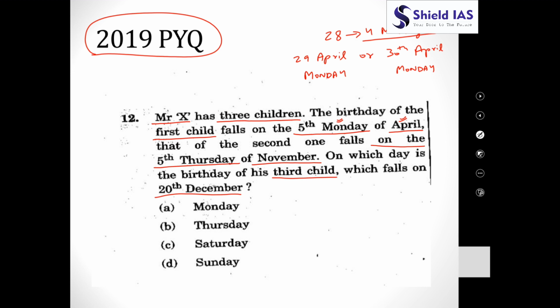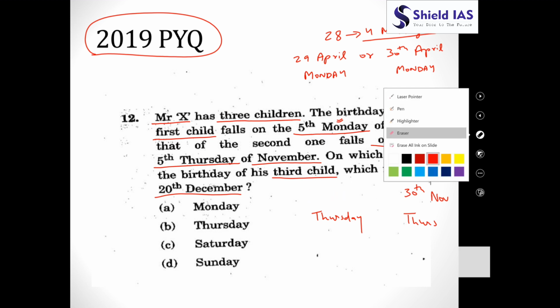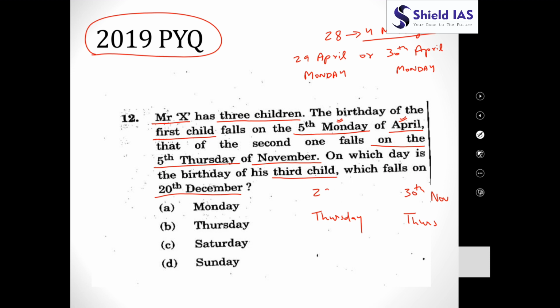So if there has to be a 5th Thursday in November, either 29 November has to be a Thursday or 30th November has to be a Thursday. Okay, let me rewrite this. 29 November. Okay, either this or this. Yes. So then it asks on which day is the birthday of his third child, which falls on 20th December.